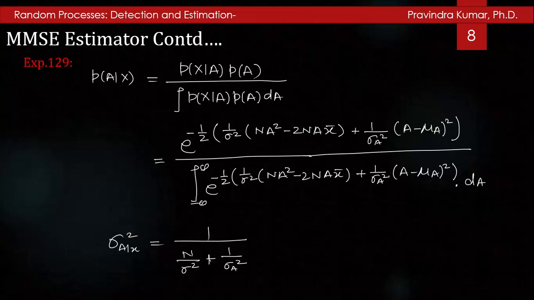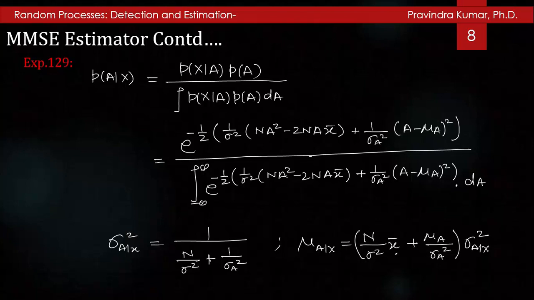Now from this we will get sigma_a|x squared equal to 1 by (N by sigma squared plus 1 by sigma_a squared), and the mean value mu_a|x will be (N by sigma squared times x bar plus mu_a by sigma_a squared) times sigma_a|x squared.